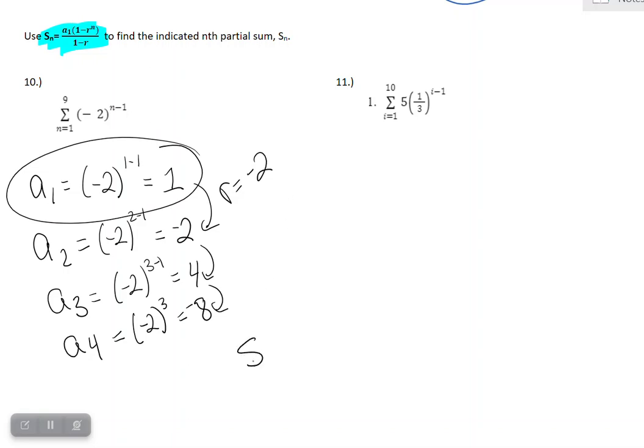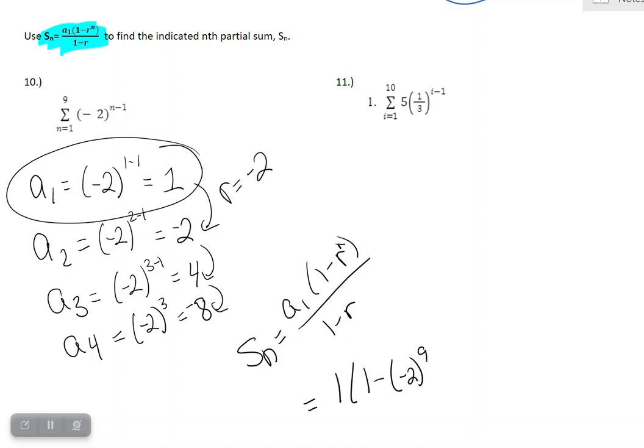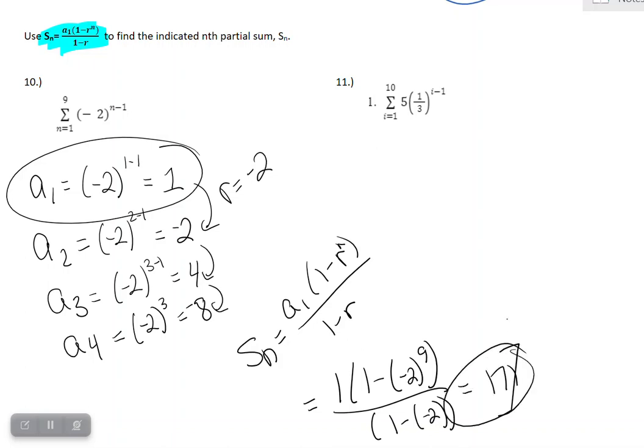So our summation formula will be a sub 1 times 1 minus r to the n over 1 minus r. So that's going to give us 1 times 1 minus -2 to the nth power all over 1 minus -2. Put it in your calculators, you get 171.